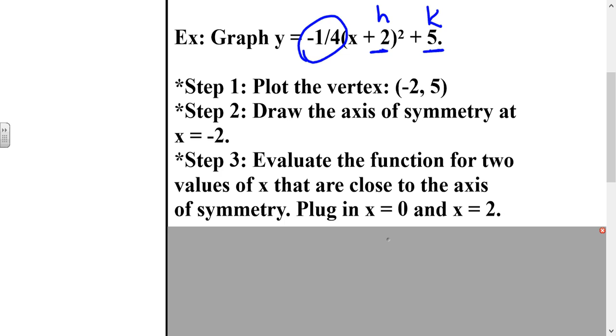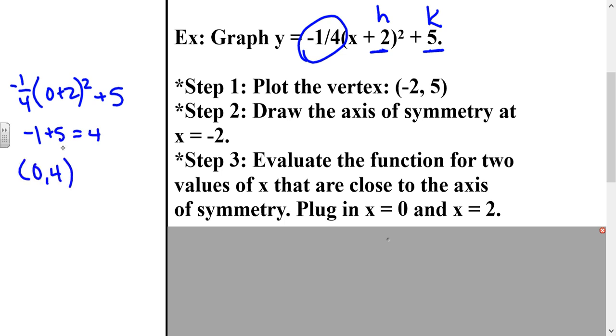So if I plug in 0, then I have negative 1/4 times (0 plus 2) squared plus 5. So 0 plus 2 would be 2. 2 squared would be 4. Negative 1/4 times 4 would be negative 1, plus 5, which equals 4. So we're graphing the point (0, 4).